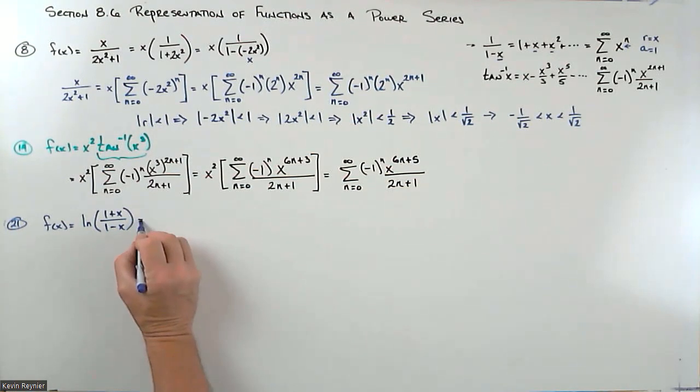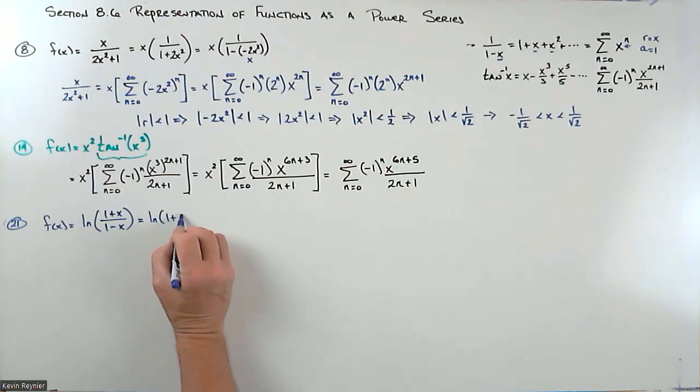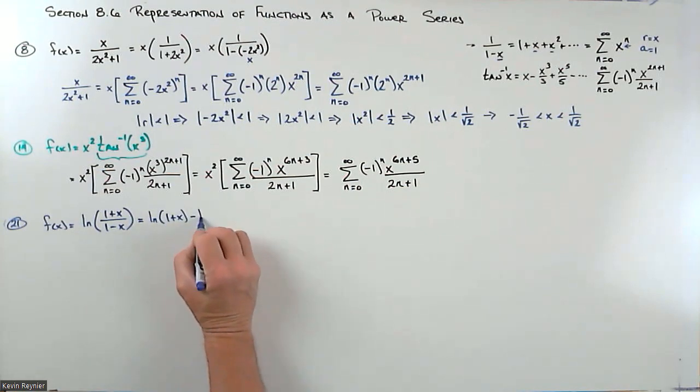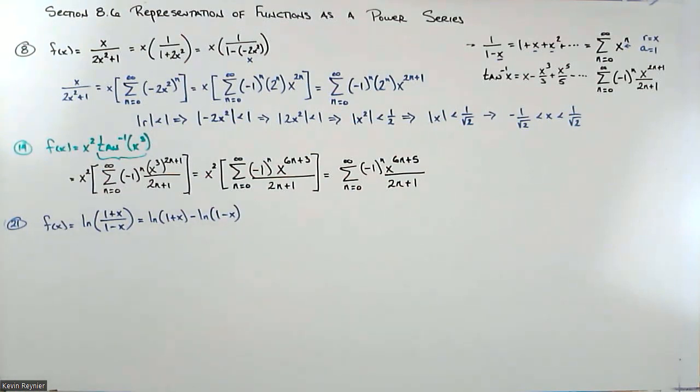We know from our rules of logs that this is the natural log of 1 plus x minus the natural log of 1 minus x, right? That's just our log properties from algebra 2 and from pre-calc.